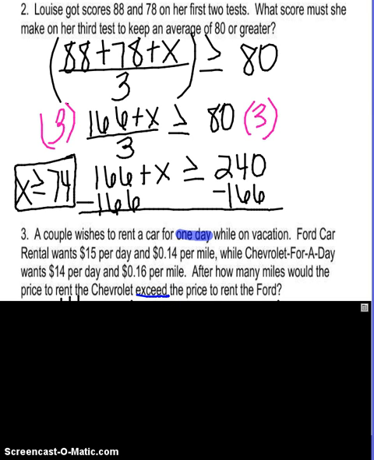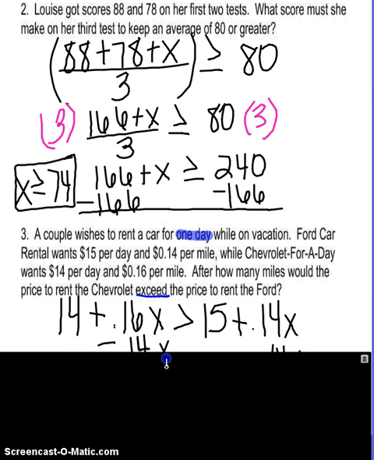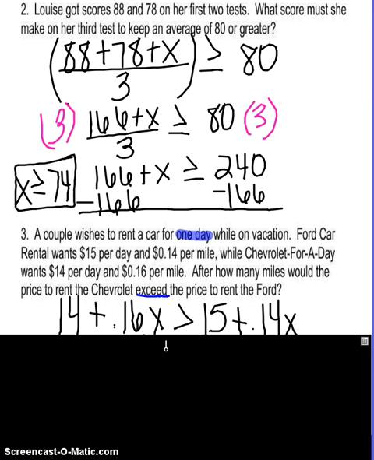Okay? So, in order for me to come up with my equation, I'm going to use the information for both the Ford car rental and for the Chevrolet for a day. Now, if I use the word exceed, I'm going to use the greater than symbol. So when I use the Chevrolet for a day, I have $14 per day at 16 cents per mile.